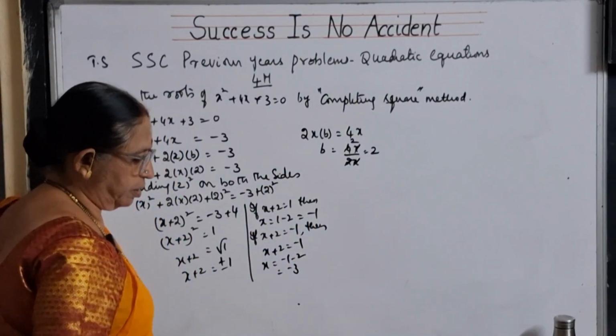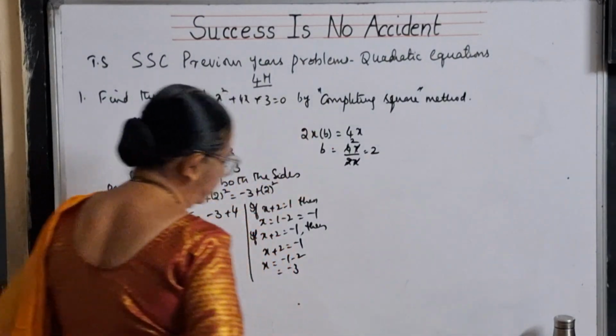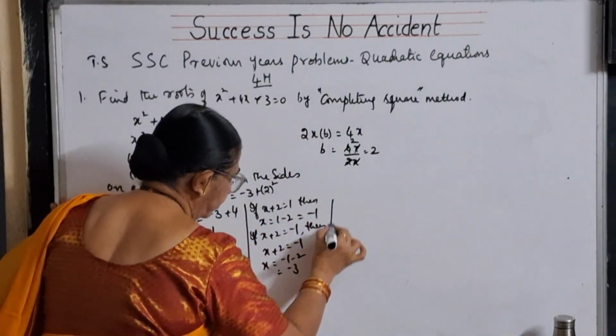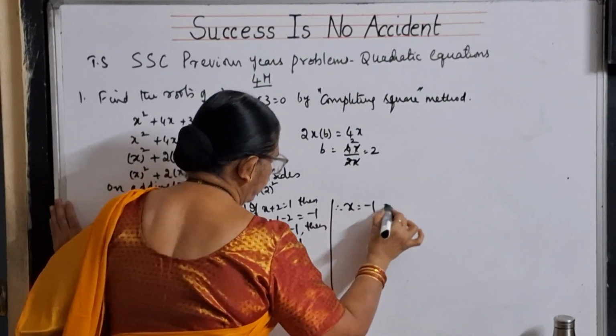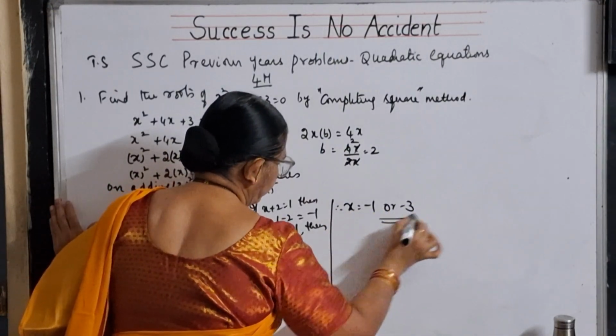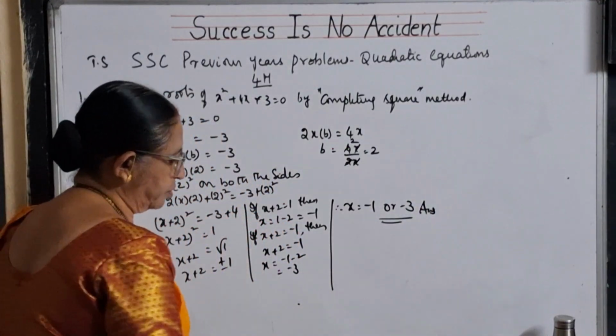So you have got the values of x as minus 1 and minus 3. Therefore, x is equal to minus 1 or minus 3. This is the answer for this problem, children. Please copy it.